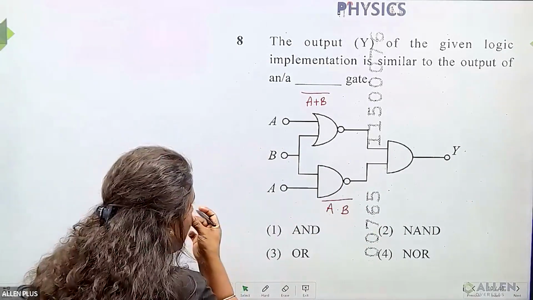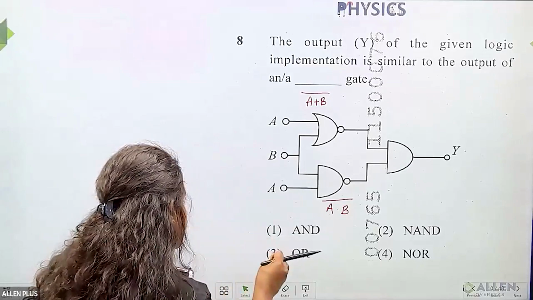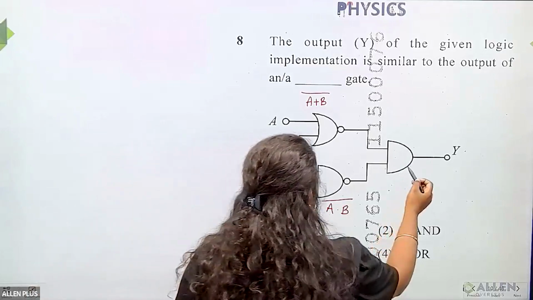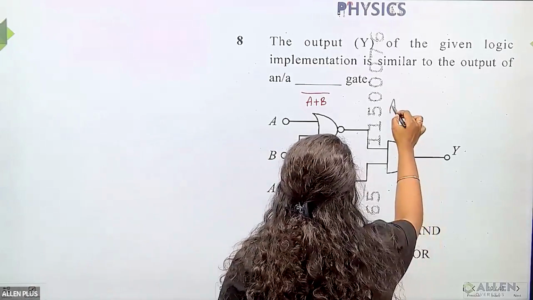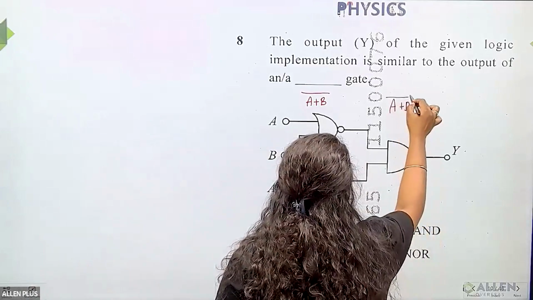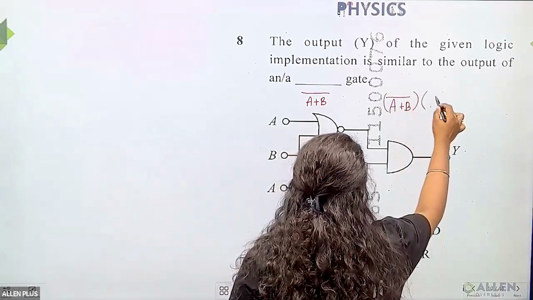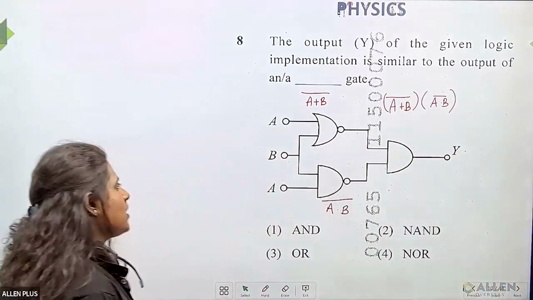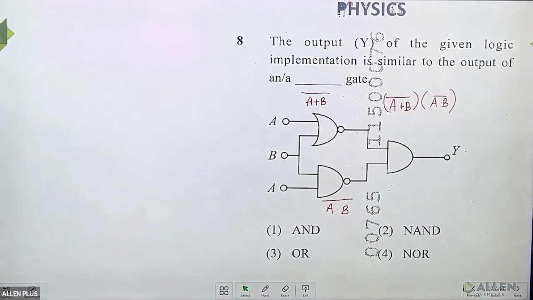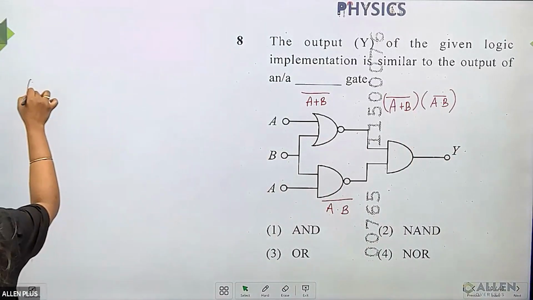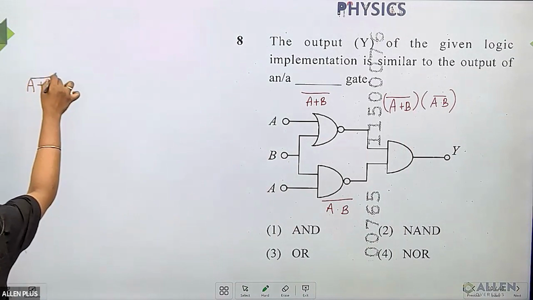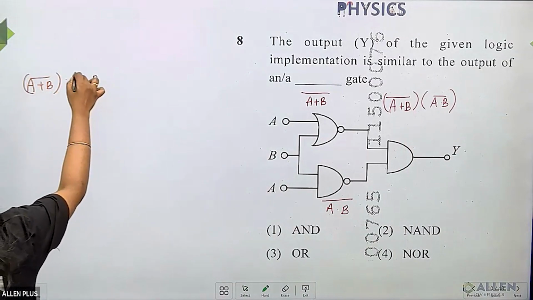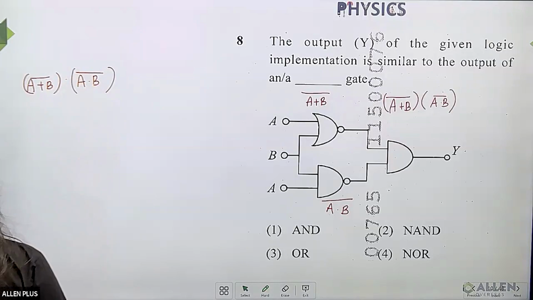So this NOR gate and the NAND gate outputs are again given to one particular AND gate over here. So I can say the output here is A plus B whole bar into A dot B bar. Now we have to analyze what this particular function is going to be. Okay, so A plus B whole bar into A dot B bar, right?